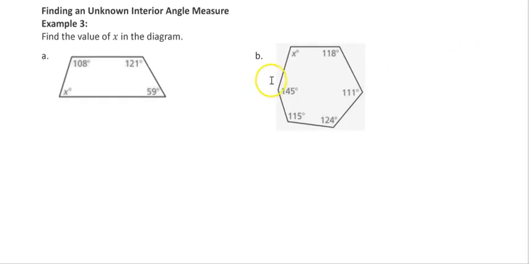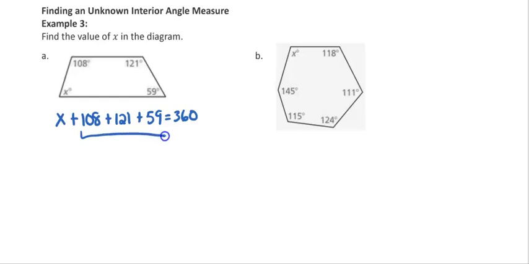So you can see on this one right here, this is a quadrilateral. There's 4 sides to the shape. They want us to find x. X is one of the interior angles. So if you add up all 4 angles, they should equal 360 degrees. So now I'm going to go in my calculator right here and add up these 3. So that makes 288.